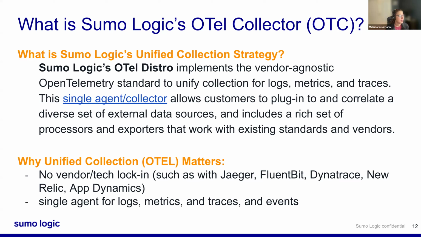Why it matters to us would be the no vendor or tech lock-in. In the past, you might have to stick with something like Jaeger, FluentBit, Dynatrace, et cetera. And now we can all come together. You have a single agent for logs, metrics, traces, and events.